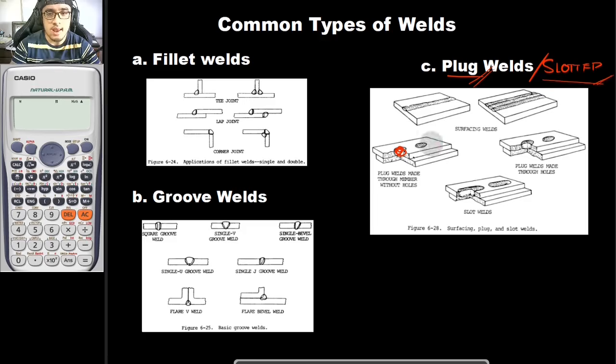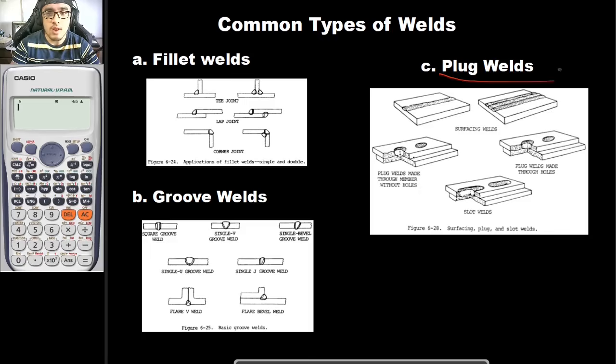The idea behind a plug weld or a slotted weld is that you have your hole, and it is in that hole where you fill up your welding. Think of it this way: if you have holes, instead of connecting them using bolts, you would now be welding them in those holes. It would be as simple as that.